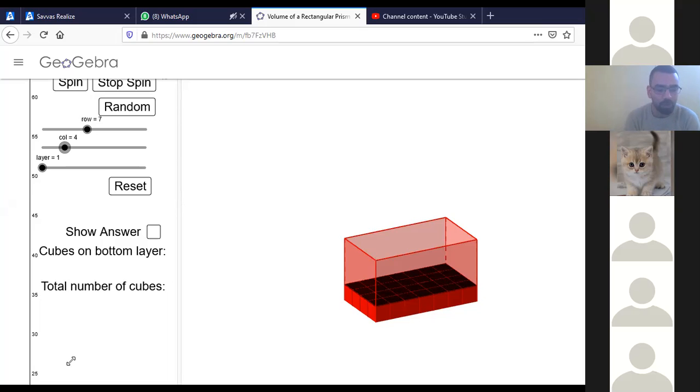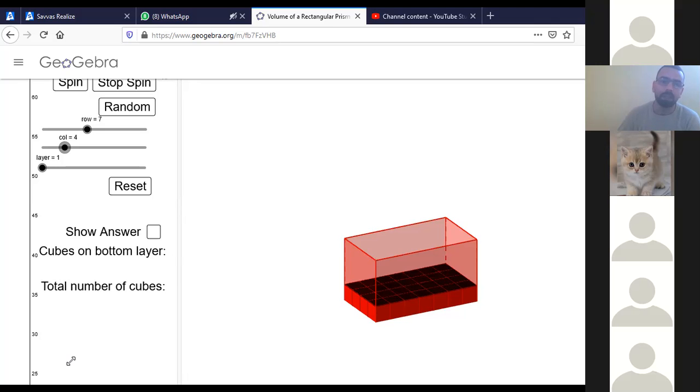That we call the base. Do you know what it means in Arabic? قاعدة. Yeah, قاعدة. Okay? The base is the layer at the bottom of my prism.